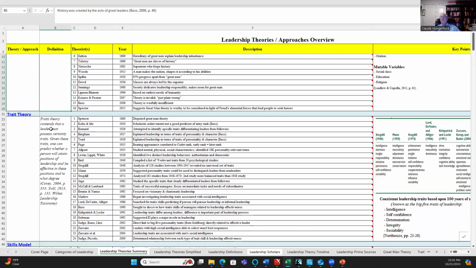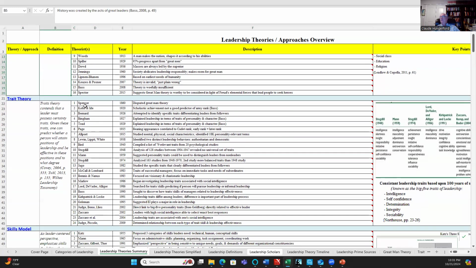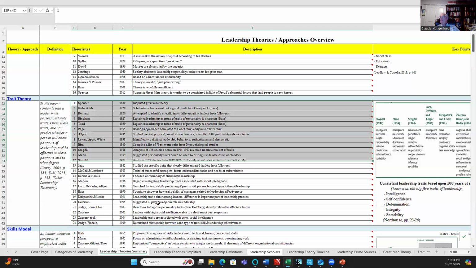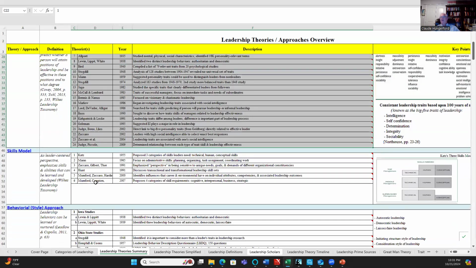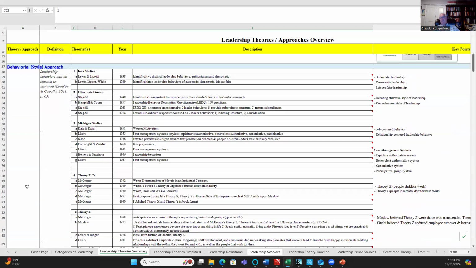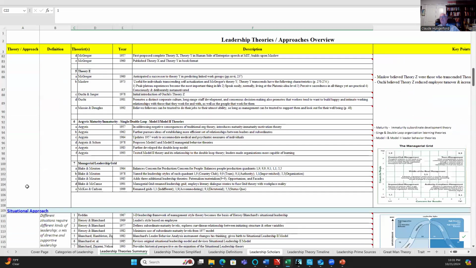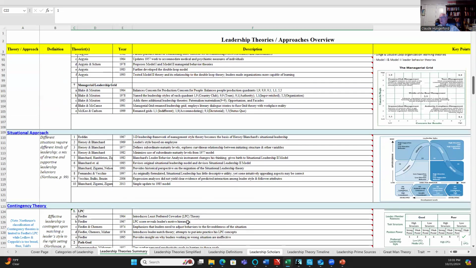So this week we'll be going through the trait theory. So we talk about all the key people that are part of the leadership theory, the trait theory, that have contributed to that. And then also the skills model, which is going to be chapter three, not as much on there. But then all the other things you're going to be learning and a whole lot more, that's in here.